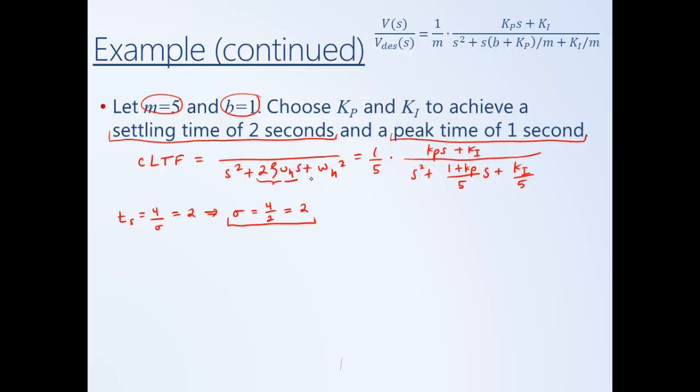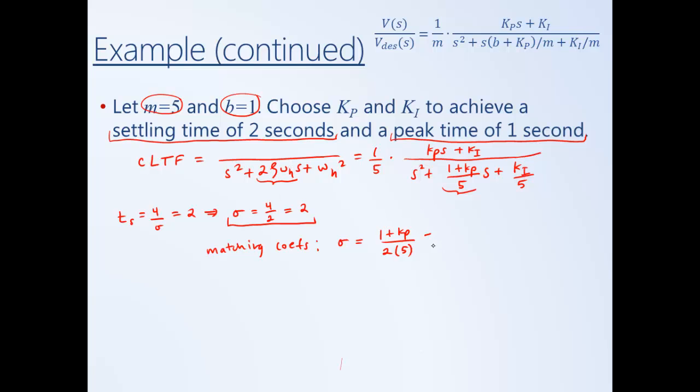Recalling that sigma is equal to zeta times omega n, we can see that sigma, that coefficient, is going to be affected by Kp. So if we match the coefficients, we have that sigma is equal to (b plus Kp) divided by 2 times 5. So in essence, these two are equal. To isolate sigma, the zeta times omega n, we divide through by 2.